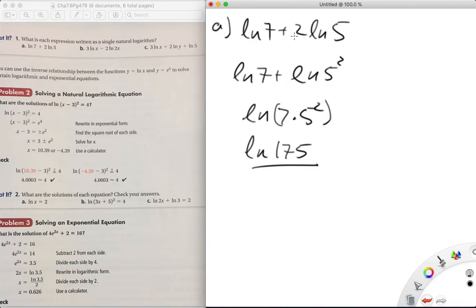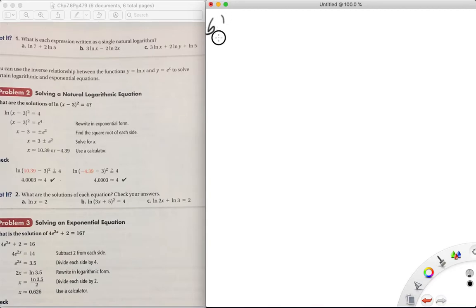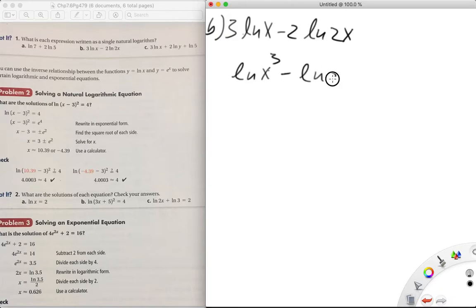For b, I have 3 ln x minus 2 ln of 2x. So that's going to be ln x to the third minus ln 2x squared.